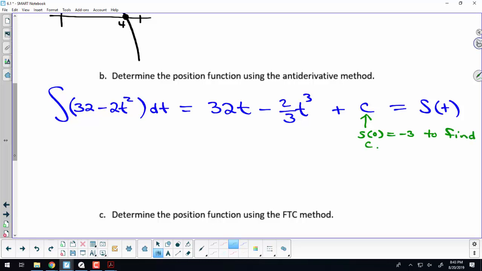Okay. So we've got s of 0 is 32 times 0 minus 2/3 times 0 cubed plus c, and we know all of that equates to -3. So I'll just write this out: 32 times 0, minus 2/3 times 0 cubed, plus c is equal to -3, because that is s of 0.